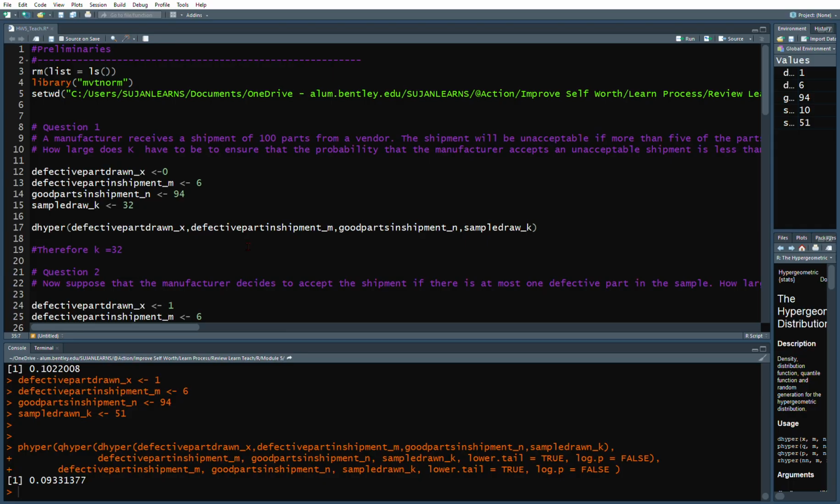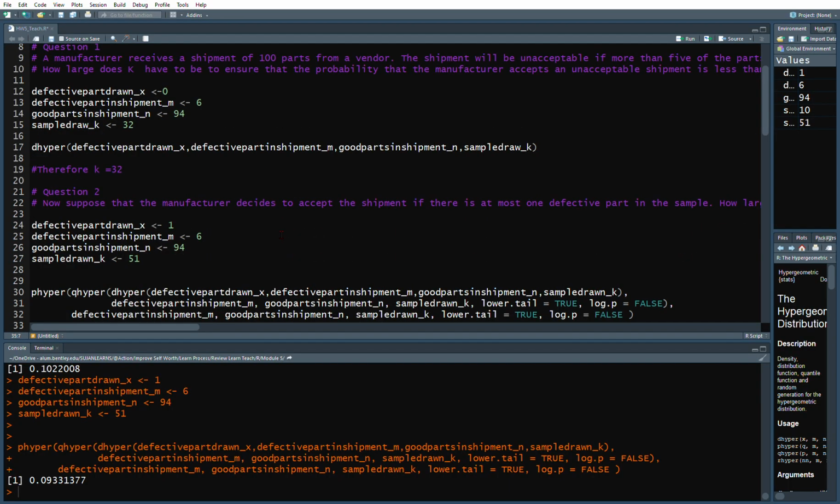And we look at the probability of accepting a defective shipment with that criteria. Secondly, we changed the criteria and said that we'll accept the shipment if there is at most one defective part in the sample, and we look at the probability of accepting a shipment with more than 5 defective parts, or let's say six defective parts, and we calculated the sample size for that.